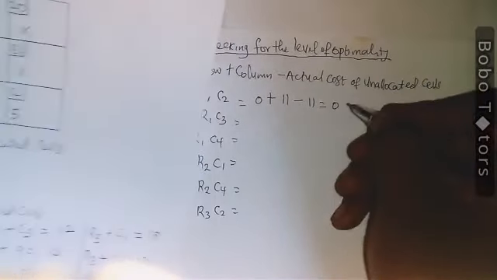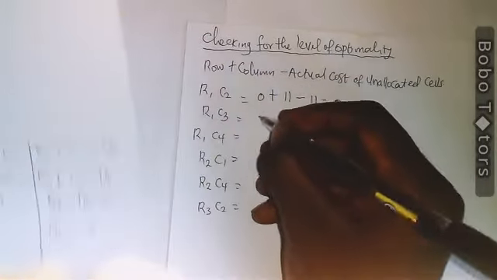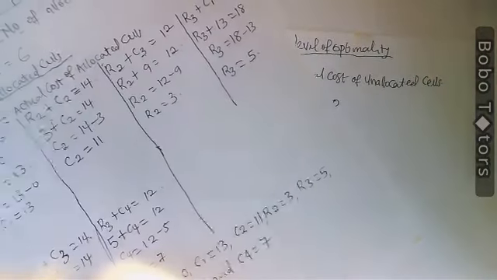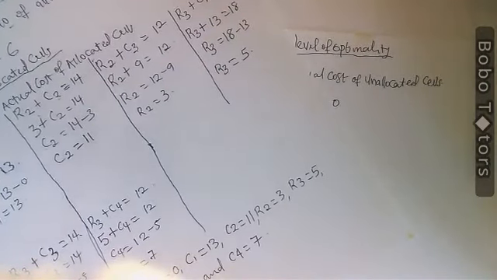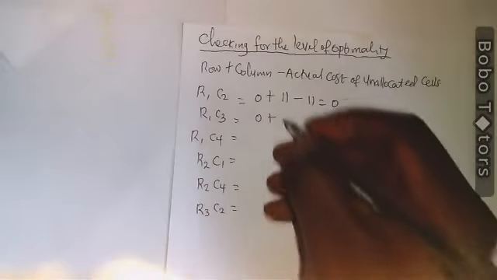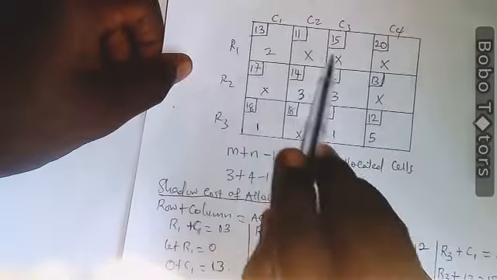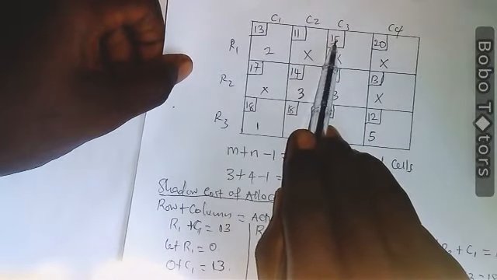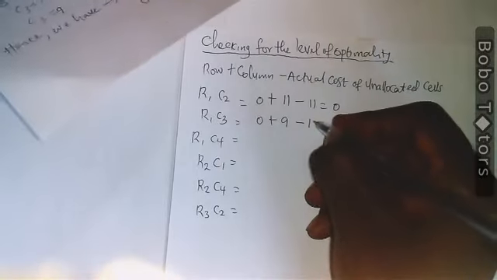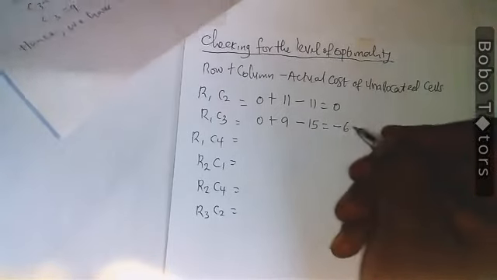That will give us 0. Row 1 again plus column 3, which is 9, minus row 1 column 3, which is 15. Here we have minus 6.